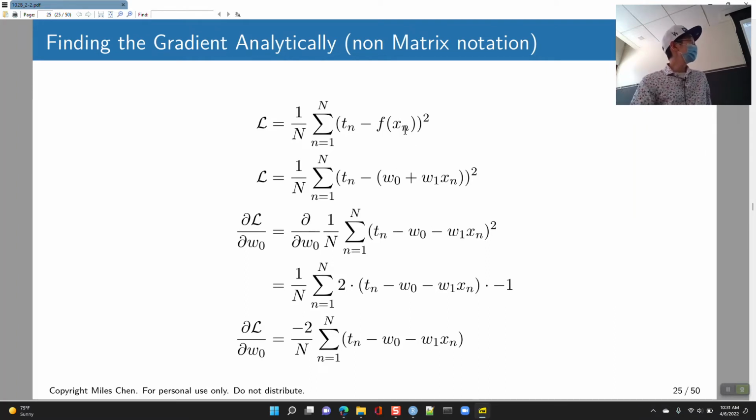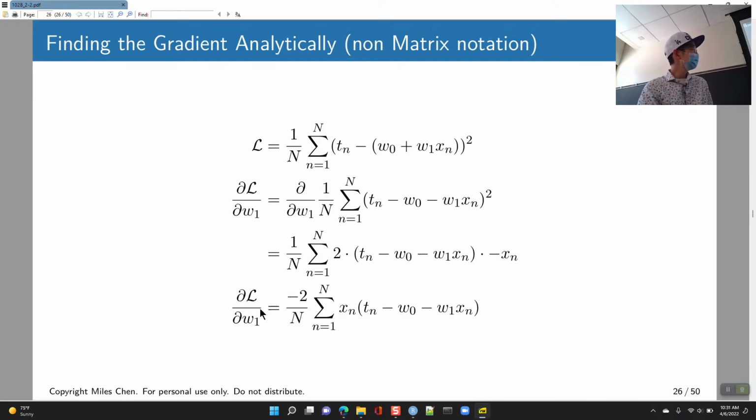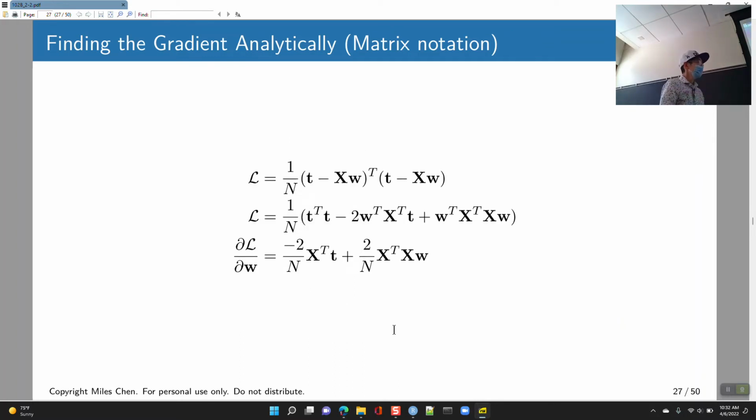So, expanding out what the prediction value is, the intercept plus slope times x1, I expand this out and take the partial derivative of the loss function with respect to w0, which gives me this value. The partial derivative with respect to w1 gives me this. I'm going to gloss over this, and you can review your notes on your own time to see that these are the partial derivatives with respect to w0 and w1.